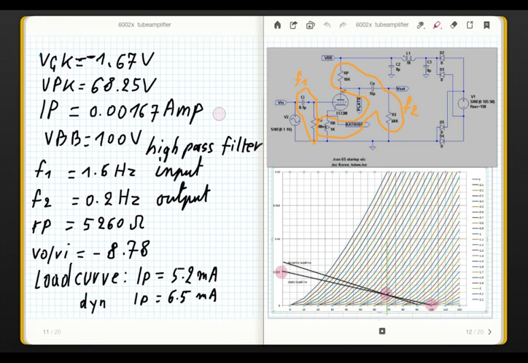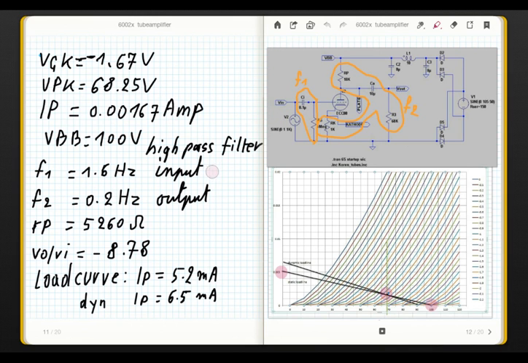This is the result of the calculated signals from the exam. One of the questions was if we could regard the input and output capacitors as shorts for the audio signal, which was 20 Hz to 20 kHz.